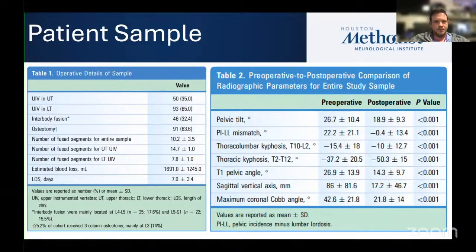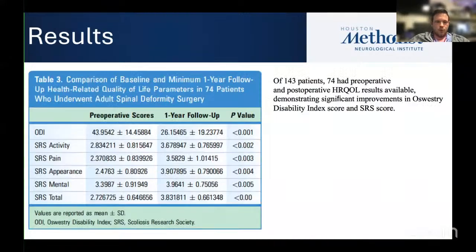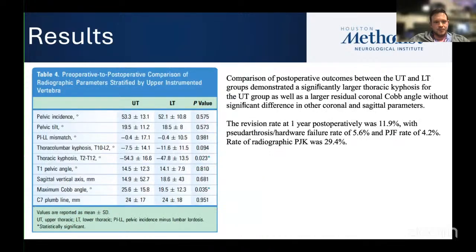And they also recorded the quality of life parameters at preoperative and postoperative, through just standard validated metrics. And also they did a pretty thorough analysis of all their preoperative and postoperative alignments, looking at their upper thoracic and lower thoracic groups overall.